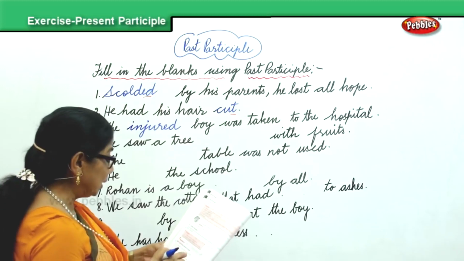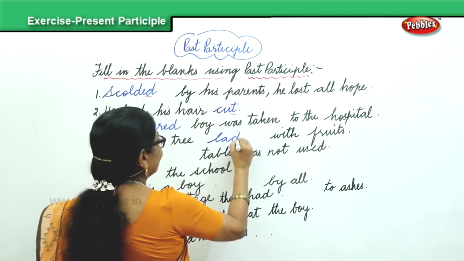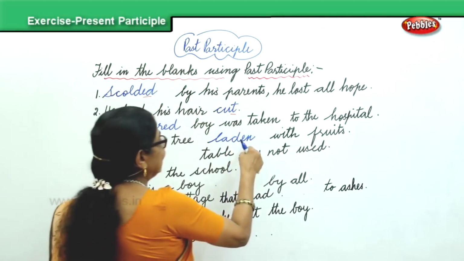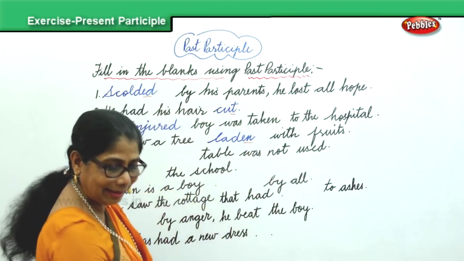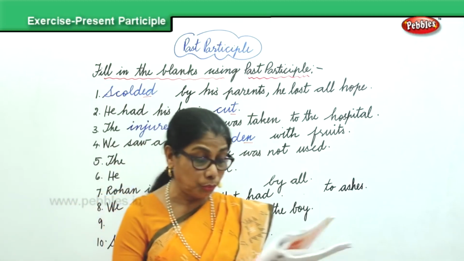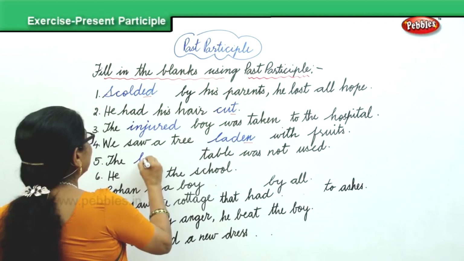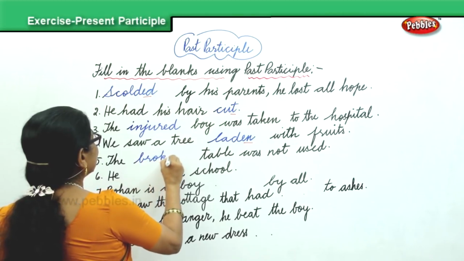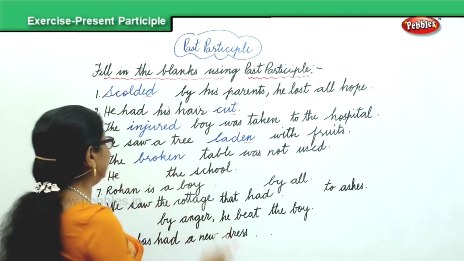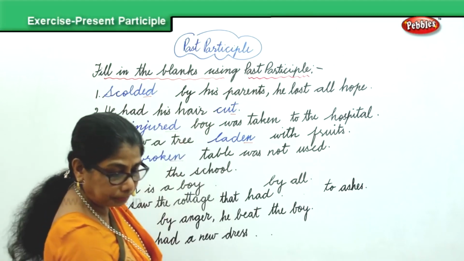We saw a tree laden with fruits. The dash table was not used. The broken table. Ending in en again. The broken table was not used.